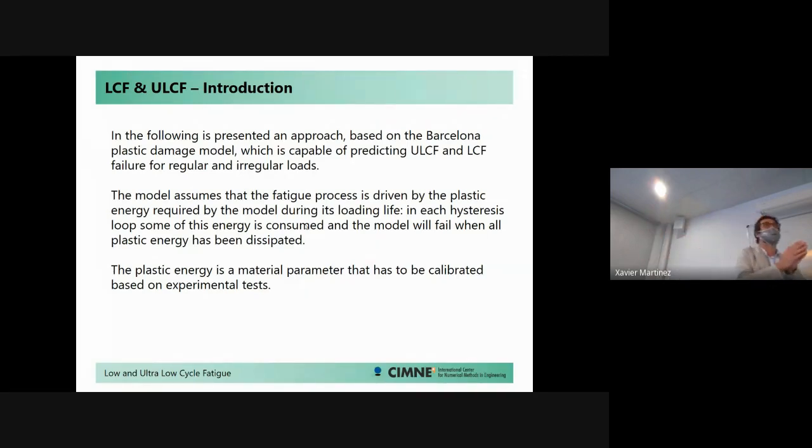It is capable of measuring how much plastic energy we are dissipating in the plastic phenomena. So what we're stating is that this plastic energy can tell us when the material will break due to ultra low cycle fatigue.